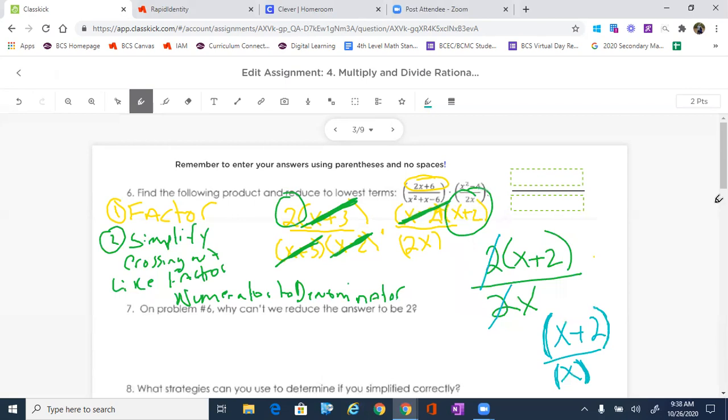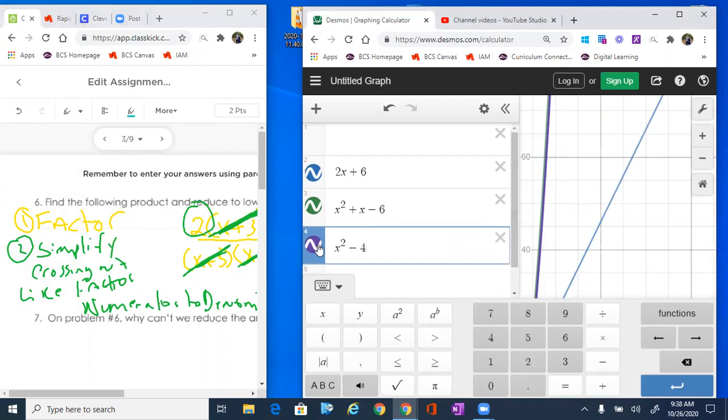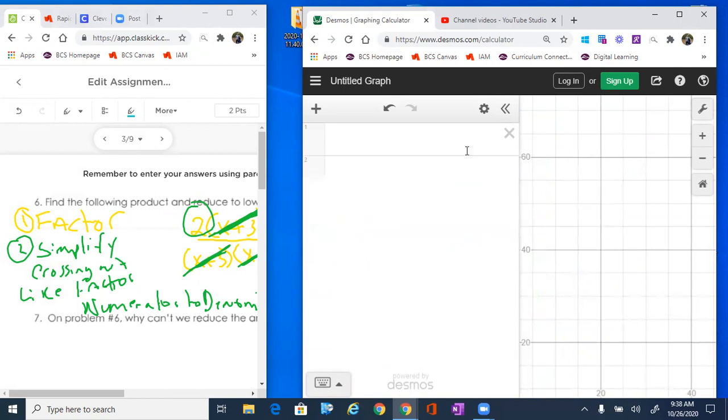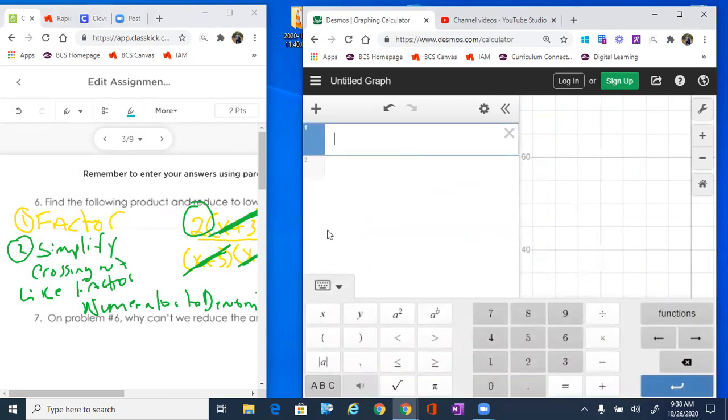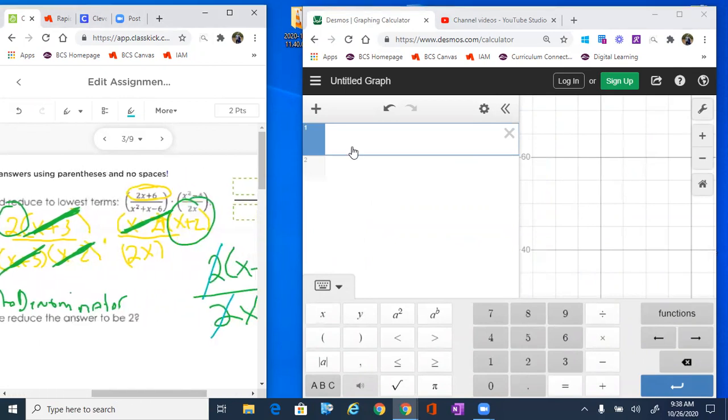Now, once we've got that, we're going to go to Desmos, and we are, of course, going to check our answers. I actually have the factoring pieces in just in case we need to look at that, but I'm not going to do that today. The first thing we are going to do, because you can factor on Desmos, is type in the original problem all the way out.